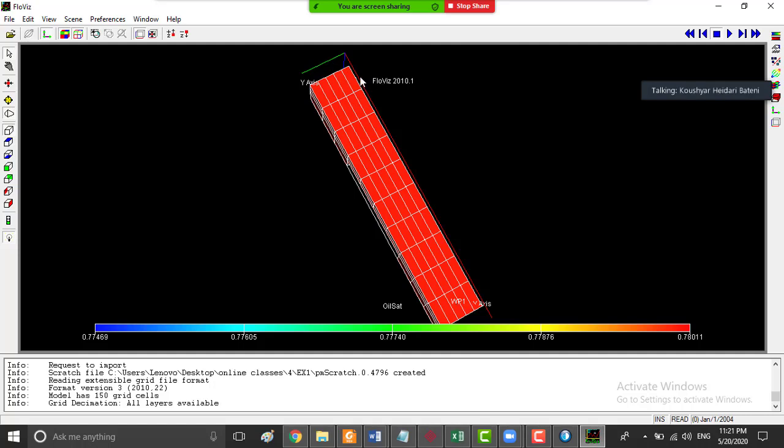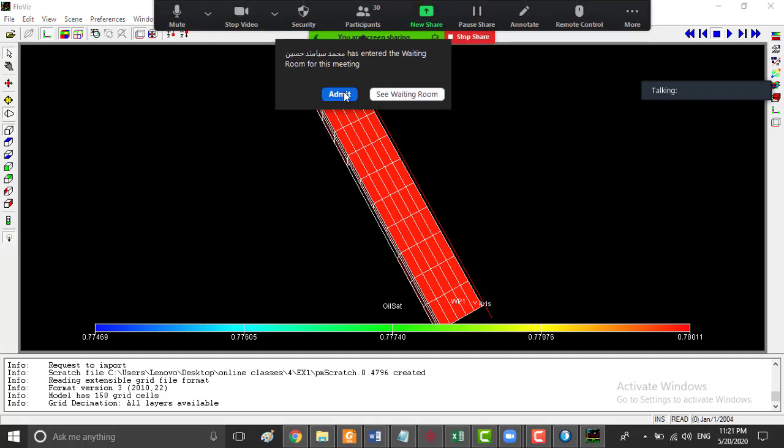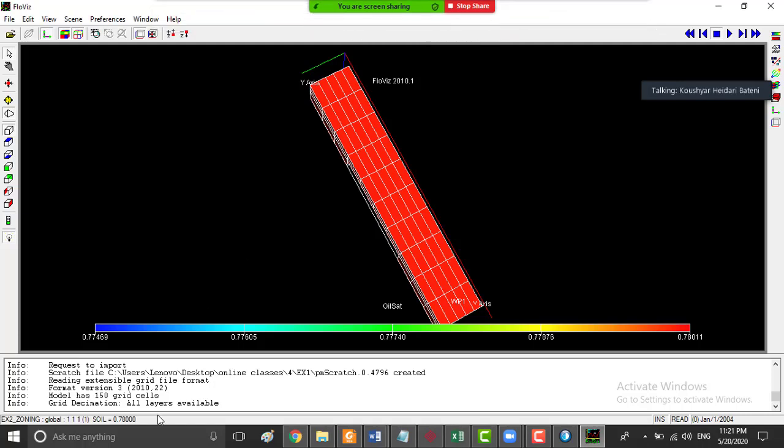Now, I go to this block, to this cell, and I click on it. Now, please look at the bottom of this FlowViz section. For this cell, the data is written at the bottom of the FlowViz on the left hand side.